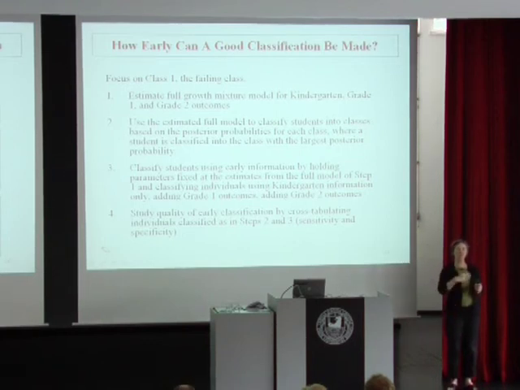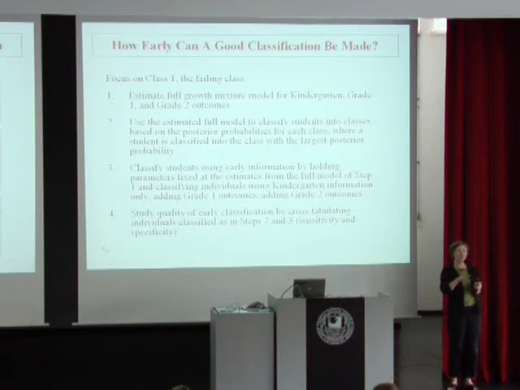And when you run this model, you don't estimate anything, except you get most likely class membership from it. So you will get a most likely class membership based on only the kindergarten variables. So what class are they most likely to be in at the end of kindergarten?